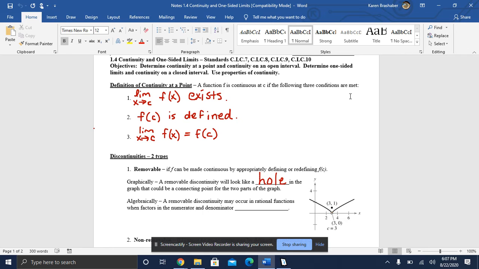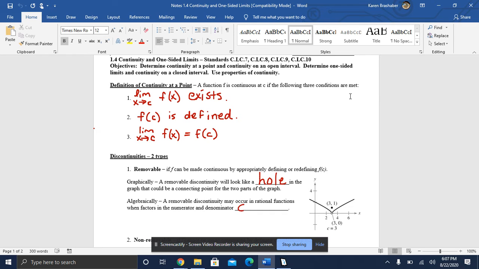But since that is not the case, I do have a hole in the graph, and this is what we call a removable discontinuity. I can remove it by coloring in the hole, and that's what gives it its name. Now, algebraically, you'll typically find removable discontinuities when you have a rational function, a fraction function, and you have factors in the numerator and the denominator that cancel.